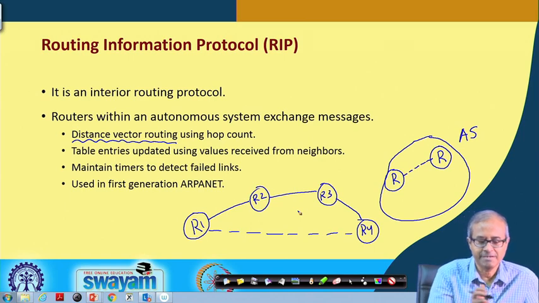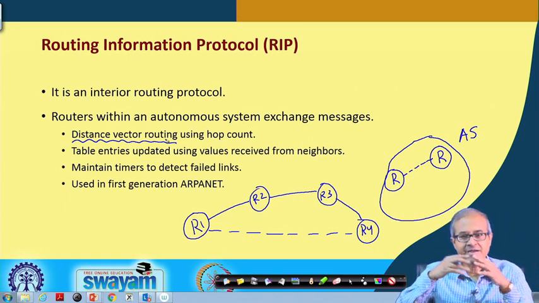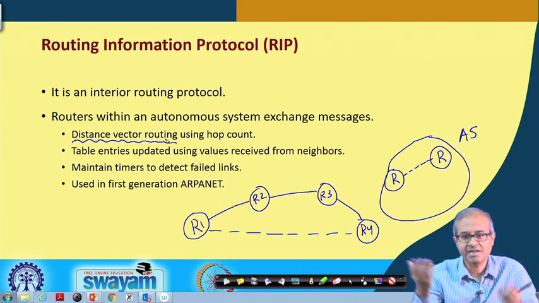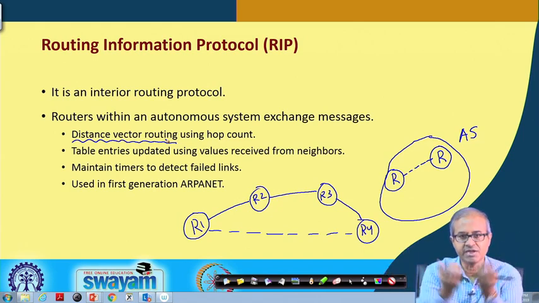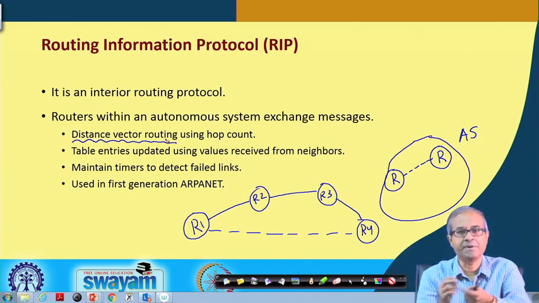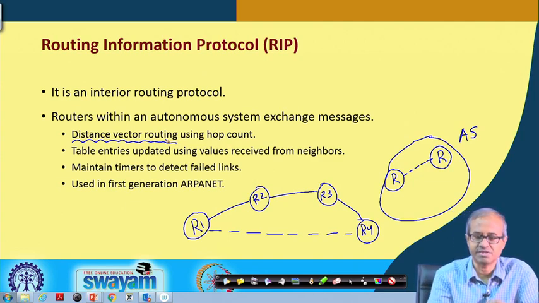Distance vector routing sends the distances, whatever information I have, to all the other routers, and everyone collects all the information they receive, and in a consolidated way they update their routing tables. This is what is done here.